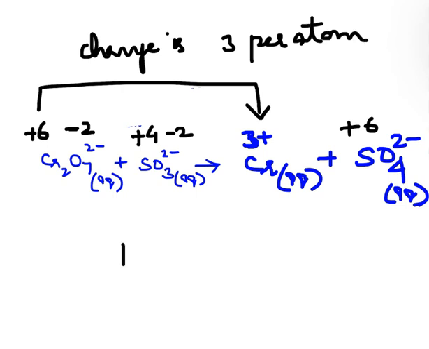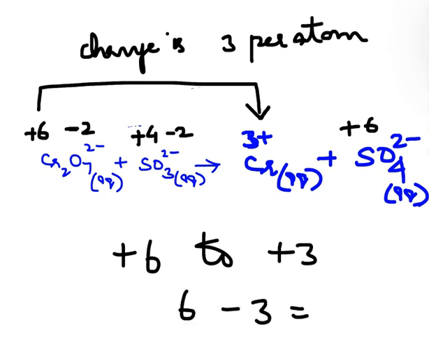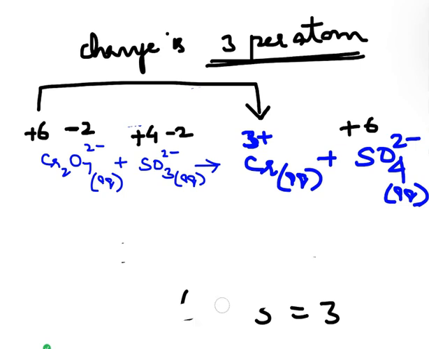From plus 6 to plus 3. So 6 minus 3 is 3 per atom. Isn't it? Right?